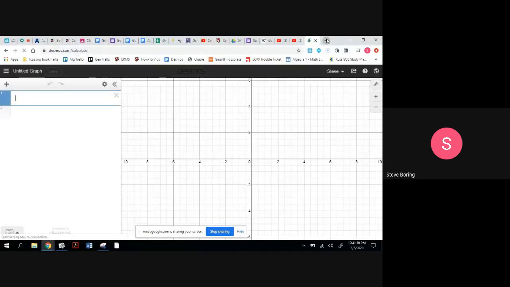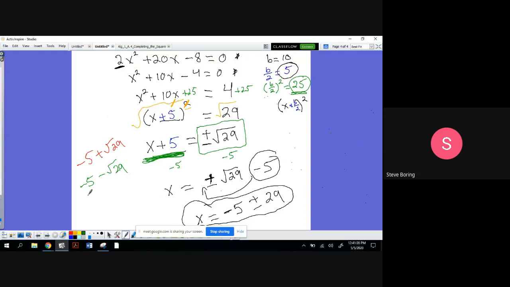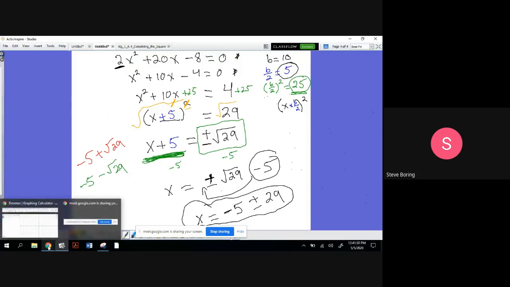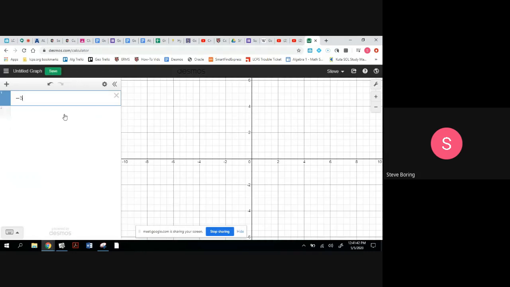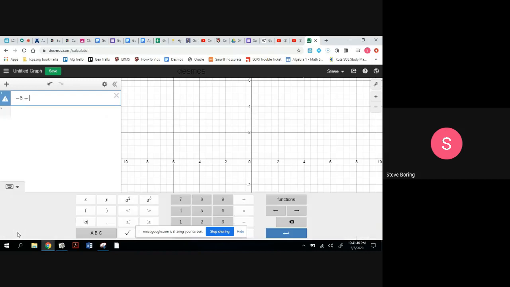We can type in to get rough estimates of those answers. So one of them was negative 5 plus the square root of 29. Negative 5 plus, the square root is here, 29.